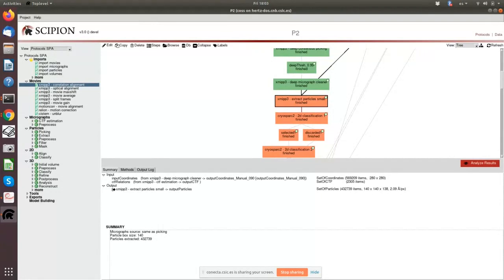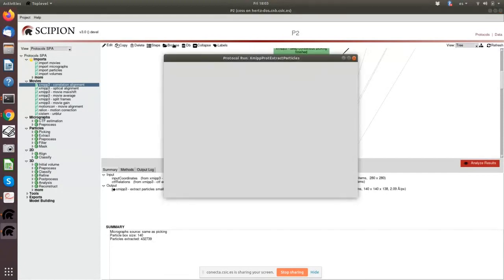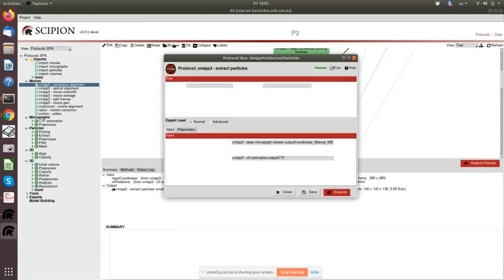And depending on which algorithm you want to use, when you extract, you may need to phase flip or not. I think that phase flipping is better performed at the level of micrograph, because there phase flipping involves some kind of convolution.